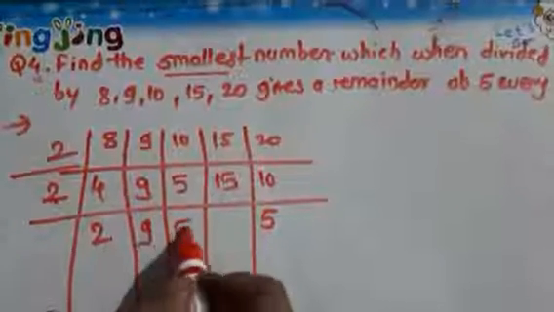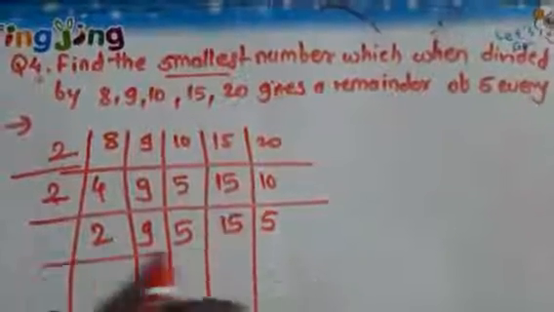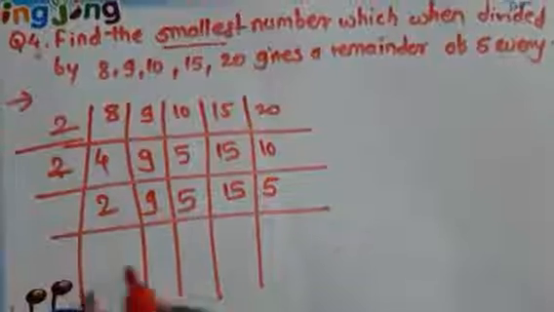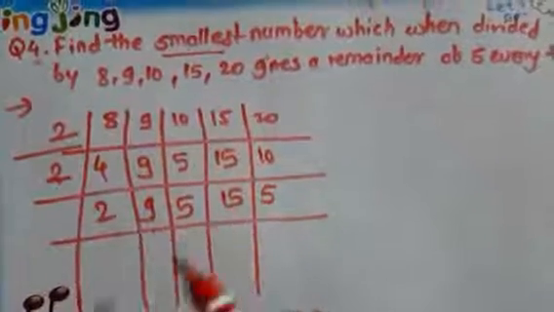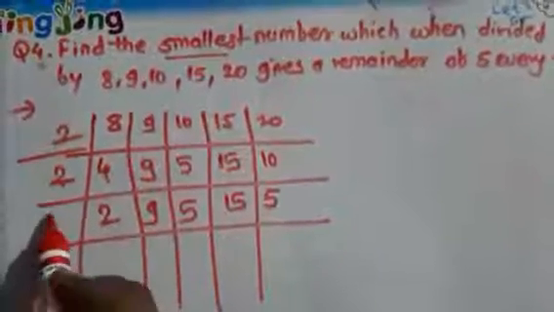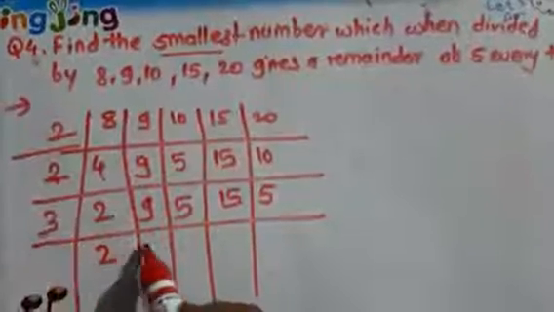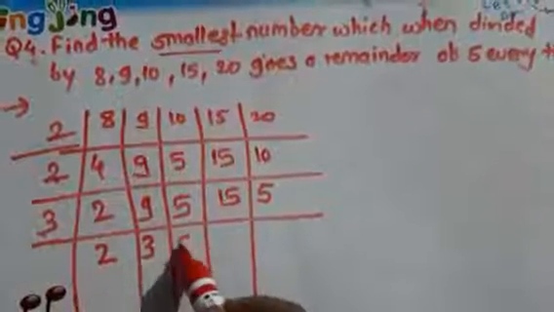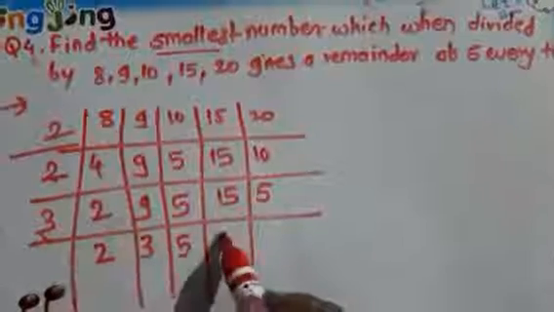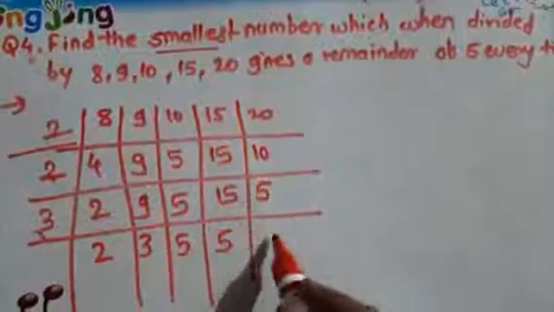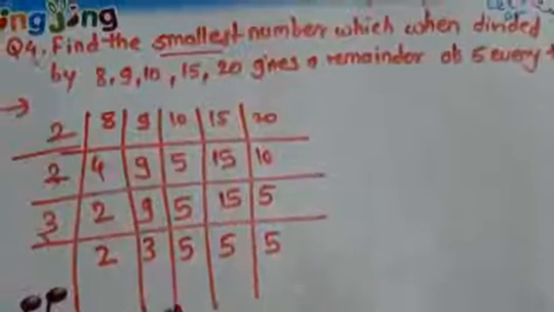Remaining again as it is. Now after this for 9 and 15 we can take 3. So write 2 as it is, 3 threes are 9, 5 as it is, 3 fives are 15. Again 5 as it is.